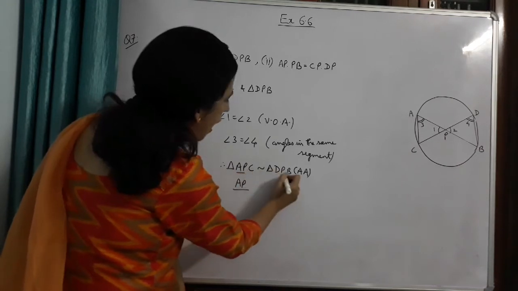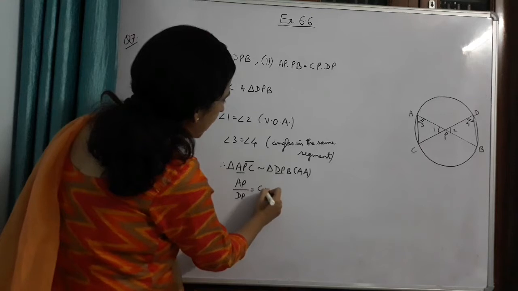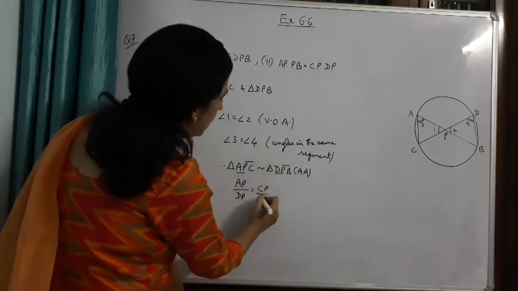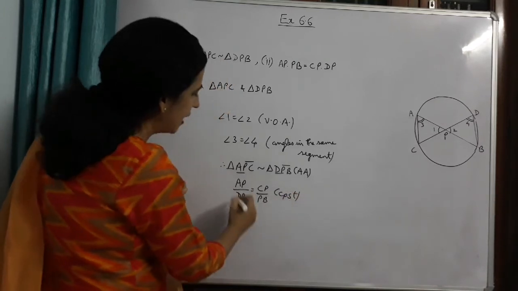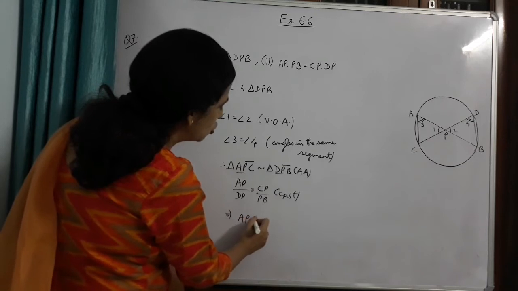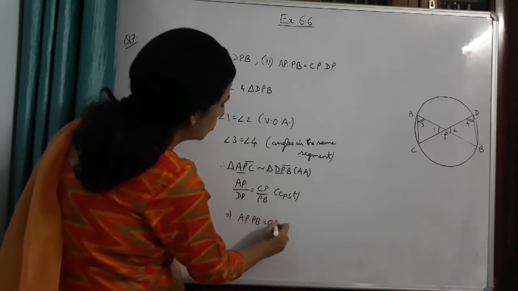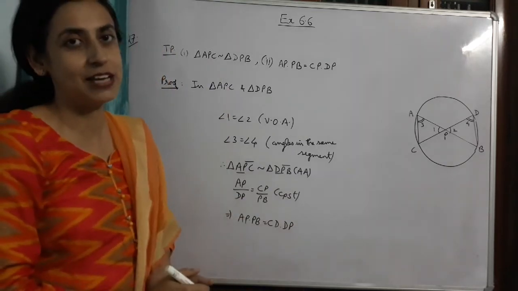AP upon DP is equal to CP upon PB. This is what we obtain by CPST, and then we cross multiply, so we obtain AP into PB is equal to CP into DP, and these are the two things that we had to prove.